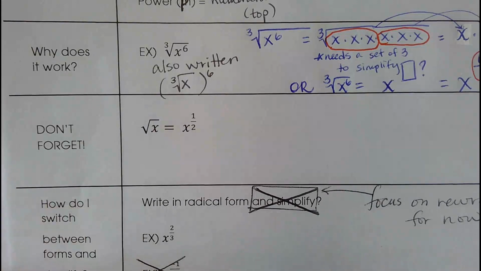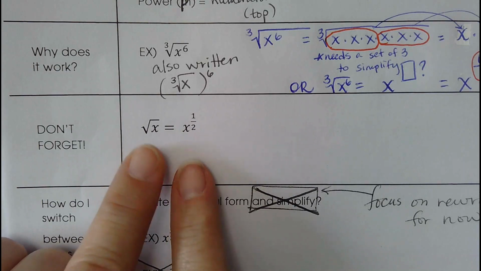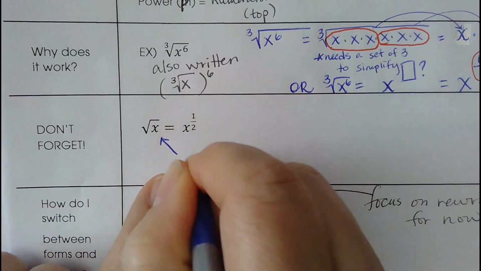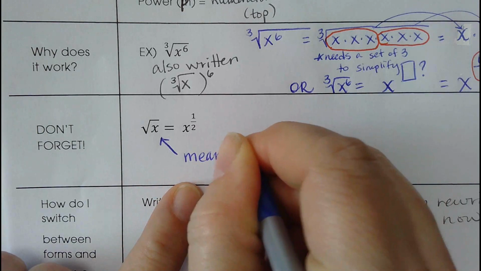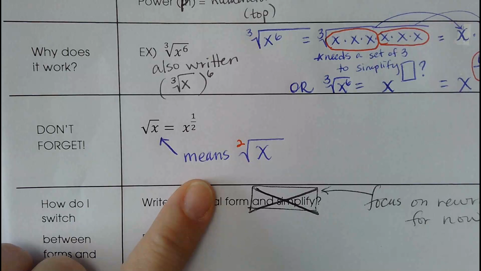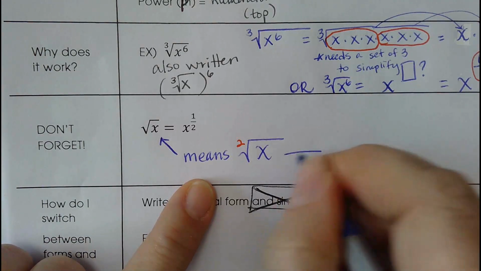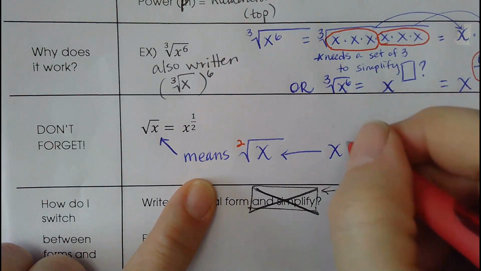When we had a square root, we talked about it that when there's no index written, this means that there's a little 2 out here that we don't ever write because it's a square root. Yes? Also, the x means x to the first.